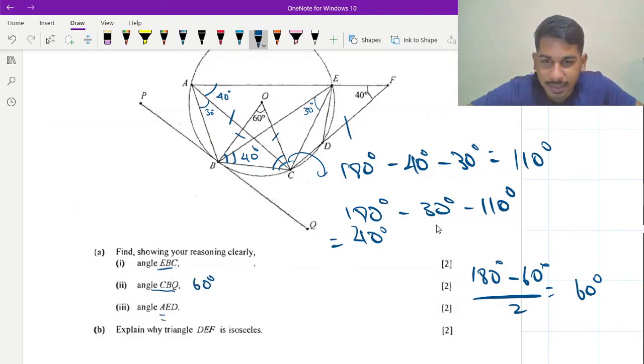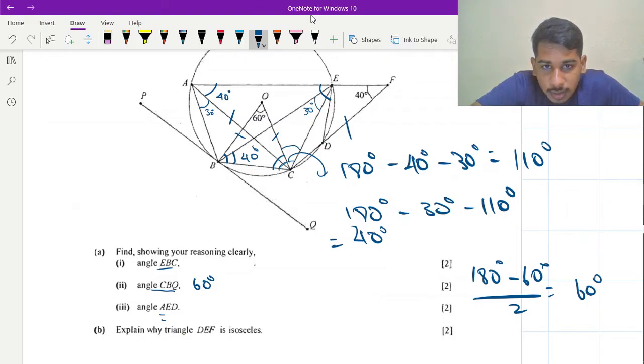Angle AED. Sorry guys, AED, but yeah, this is exactly how my paper used to be. How to do this? I know this thing, and if I know this thing, I can do the opposite of what I did just now. We can find this because we know this and this from the previous parts. But don't make it complicated.